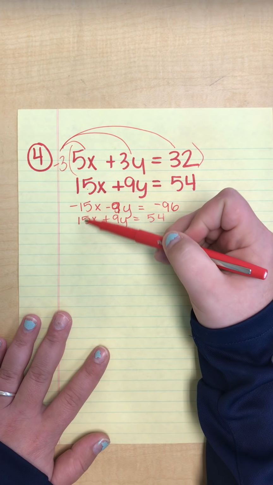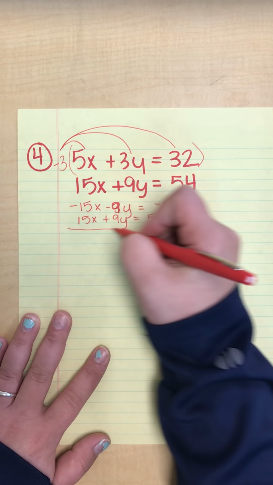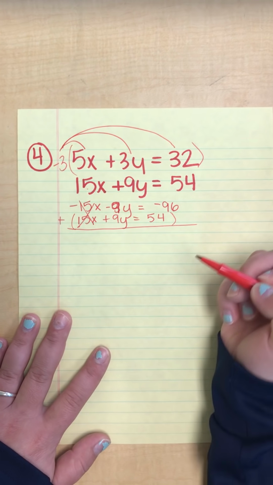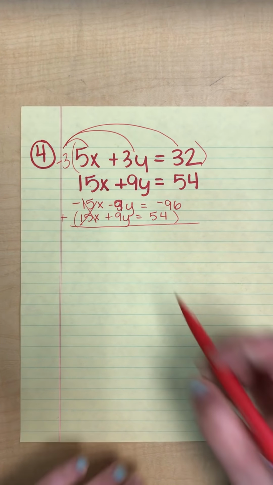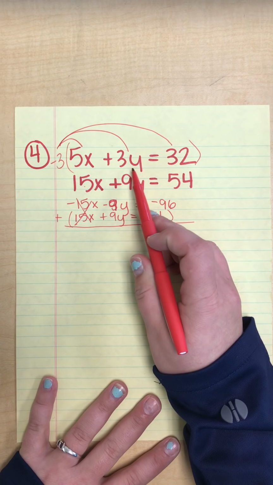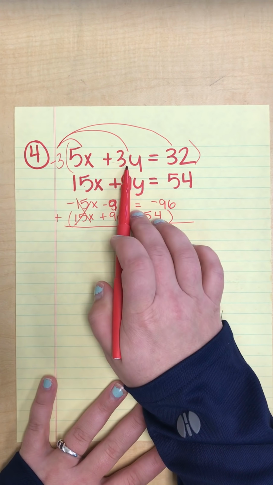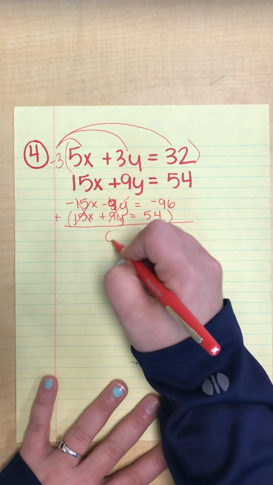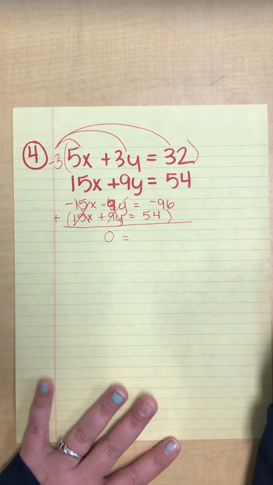So if you look here, now I have negative 15 and 15. So my goal of trying to cancel out the x's worked. Okay, so my x's cancel. Well, in this case, I actually ended up canceling out my y's as well when I multiplied by negative 3. Okay, negative 9 plus 9 cancels out. So I'm just going to write a 0 there because everything canceled.